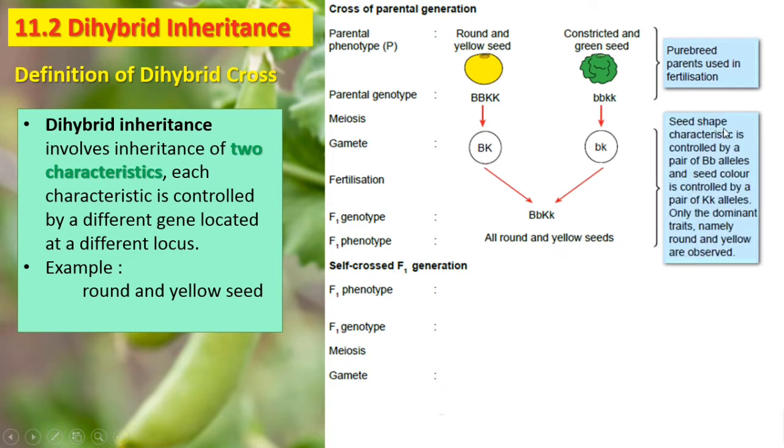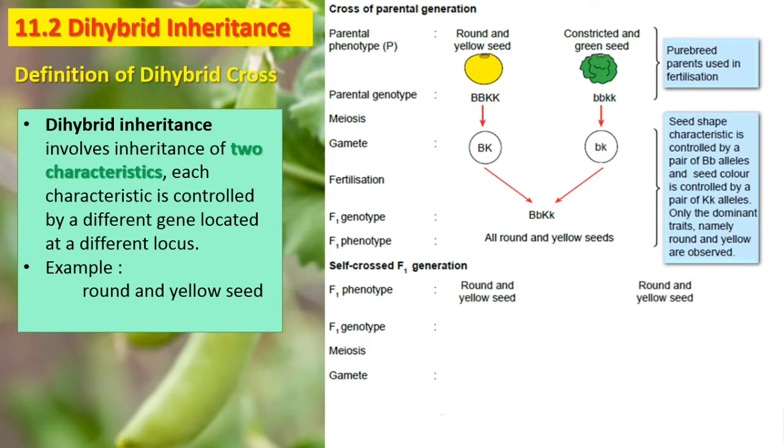Seed shape is controlled by a pair of alleles, capital B and small b, and seed color is controlled by a pair of capital K and small k alleles. Only the dominant alleles, namely round and yellow, are observed. So round and yellow are dominant alleles.